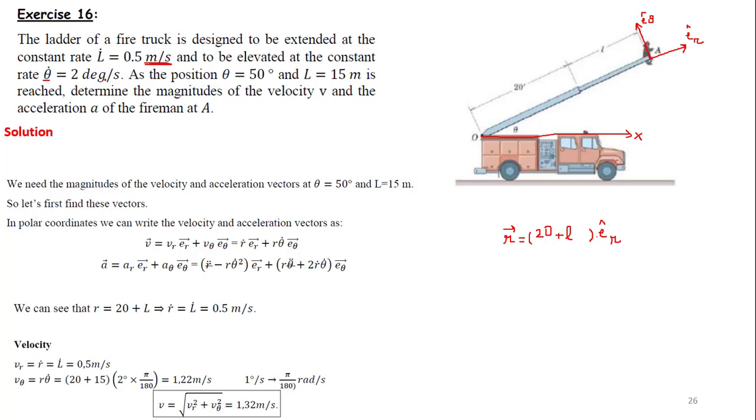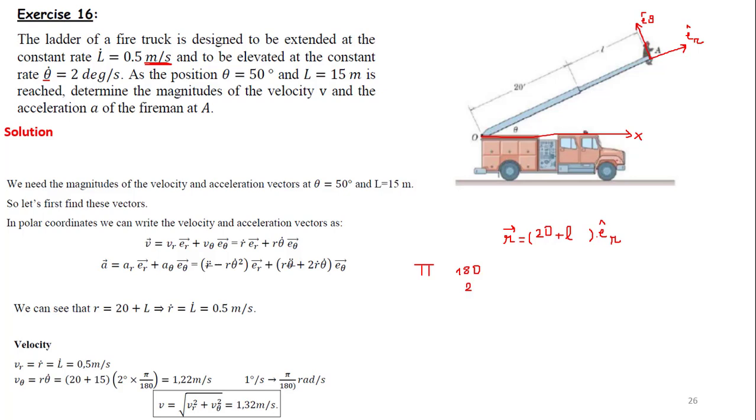But degree is not a unit of angle in the SI system, so we must convert units from degrees to radians. We know that pi in radians is equal to 180 in degrees. So 2 degrees is equal to 2 pi over 180 to obtain the angle in radians.